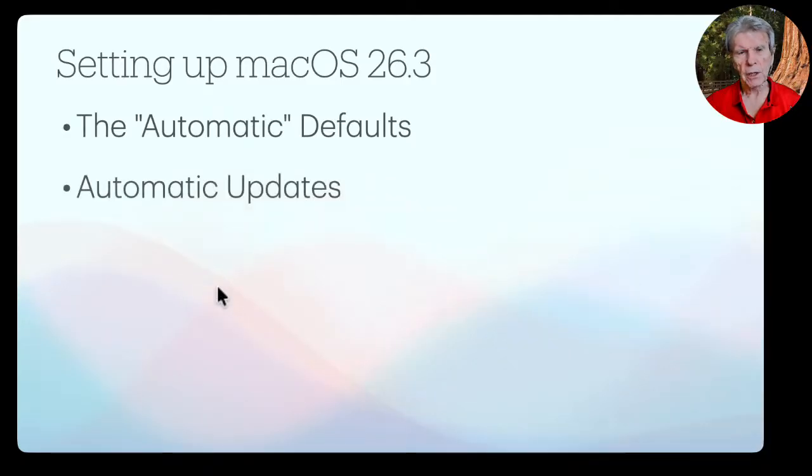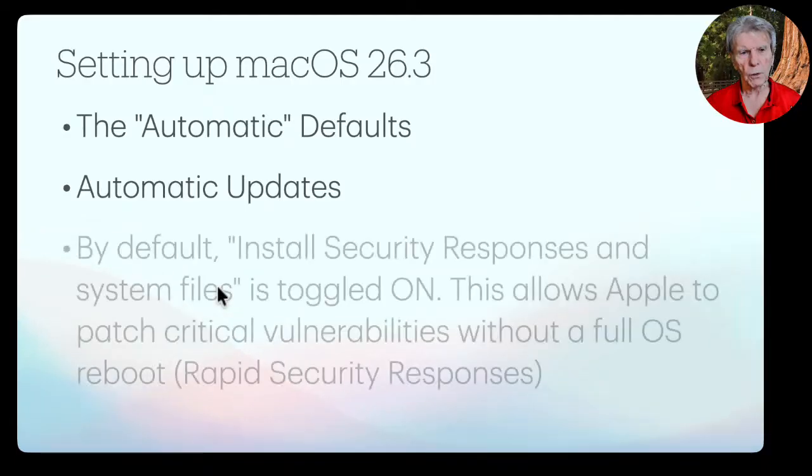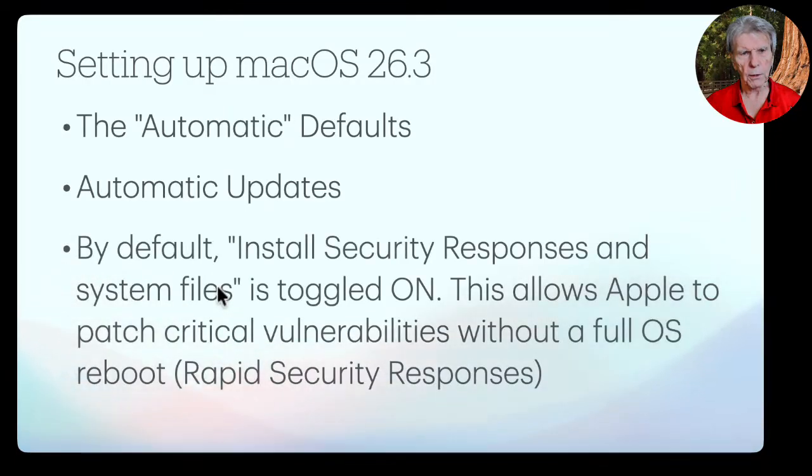Automatic updates may be turned on with the update to macOS 26.3. So the way we want to handle this is we want install security responses and system files toggled on because that protects our computer. It allows Apple to patch critical vulnerabilities without a full reboot.